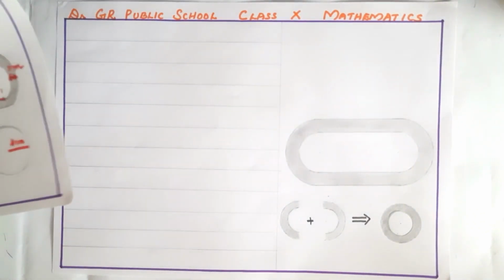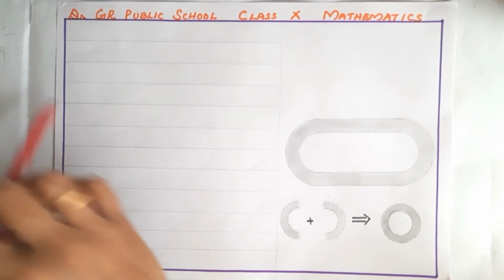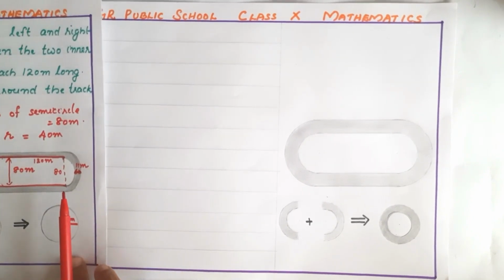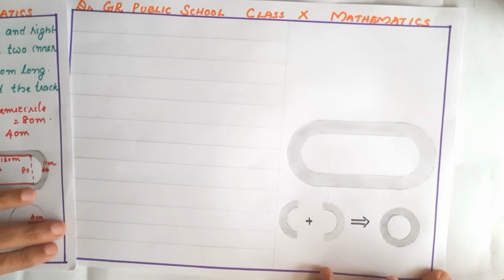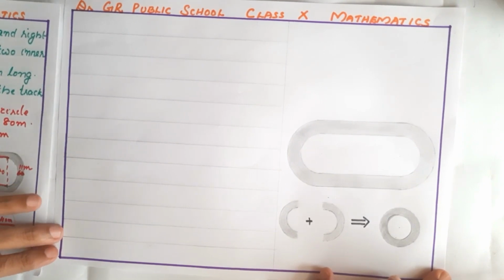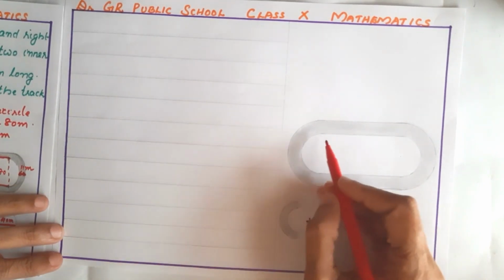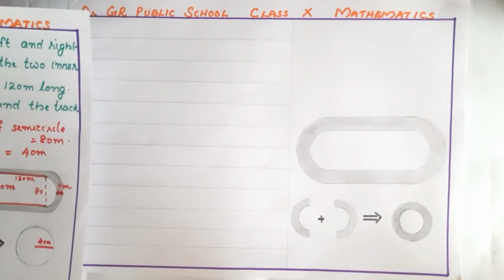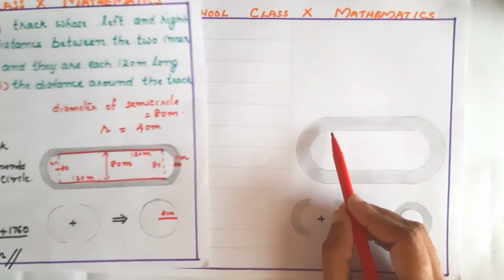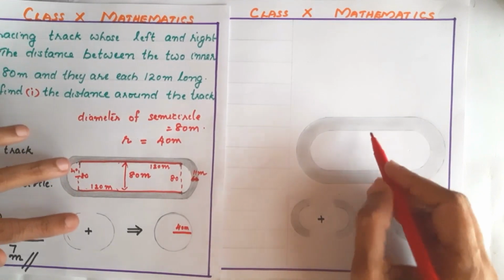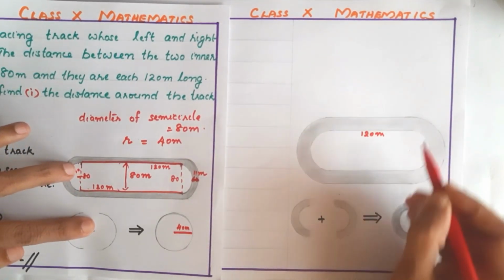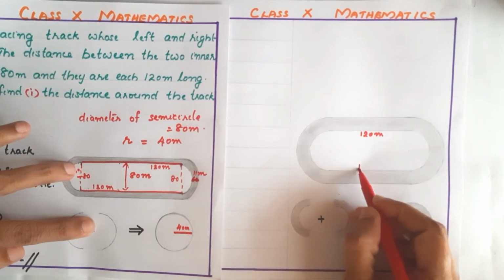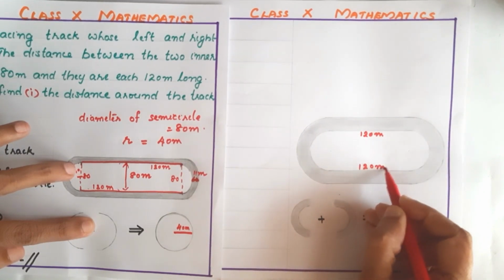Okay, so I have drawn the figure once again. To find out the area of the shaded region, let me write all the measures given here. The length of the parallel lines is given as 120 meter, isn't it? This is a parallel line segment, and here also a parallel line segment.